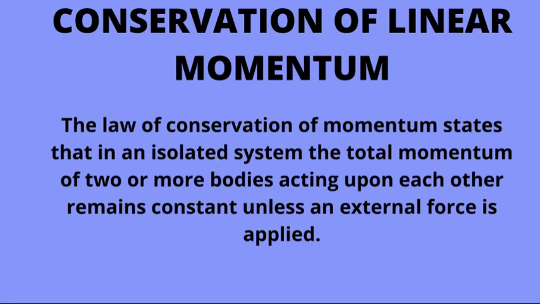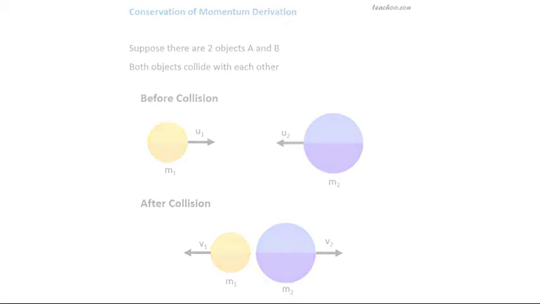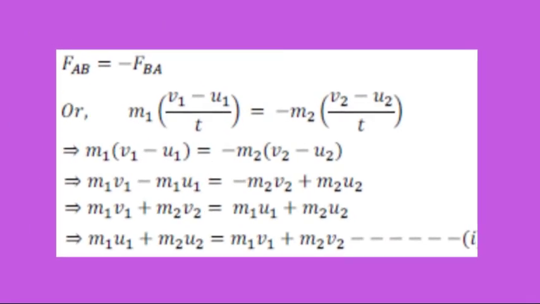So if two bodies collide, it therefore means that the total momentum of the two bodies before collision is equal to the total momentum of the two bodies after collision. In other words, if two balls, like we are seeing, hit each other, the momentum of the two balls, that's the yellow one and the blue one, will be equal to the momentum of the same two balls after they have collided. Yes, that's what the conservation of linear momentum is saying.